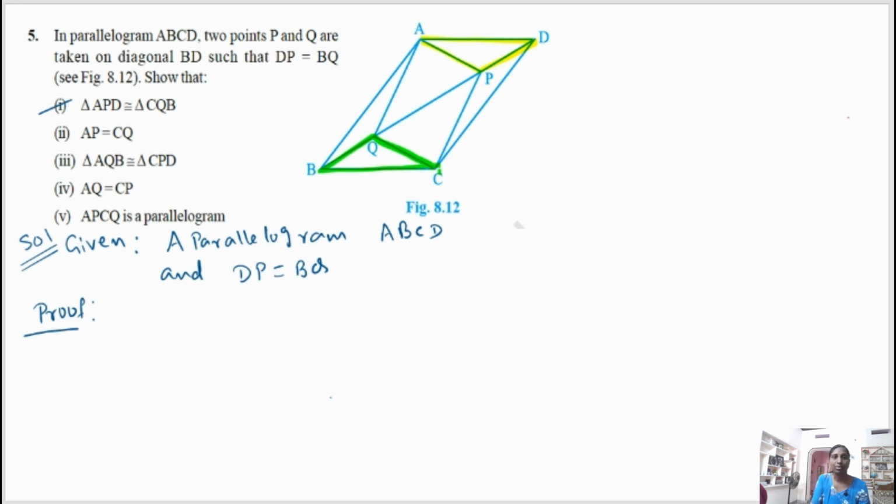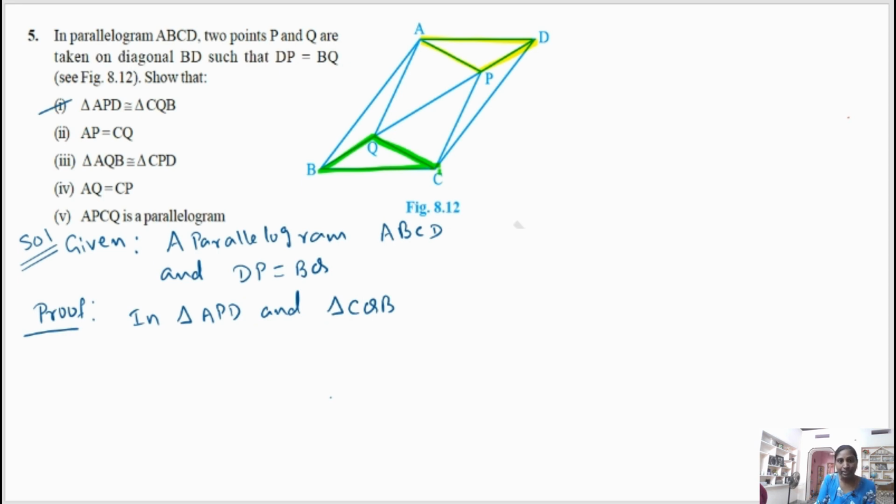These are the two triangles. Now write, in triangle APD and triangle CQB, let us check the corresponding sides or angles.